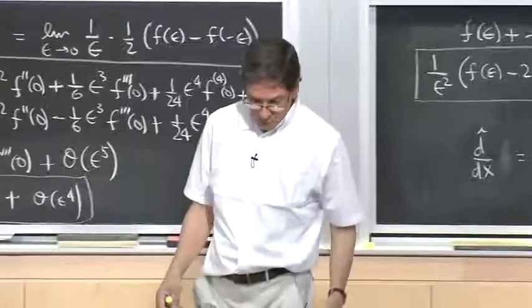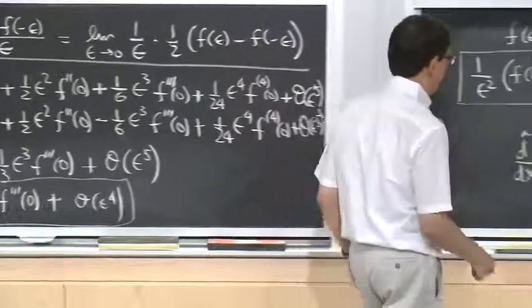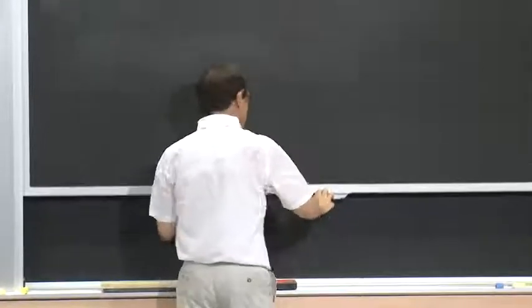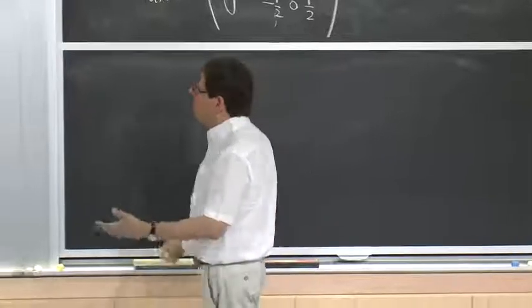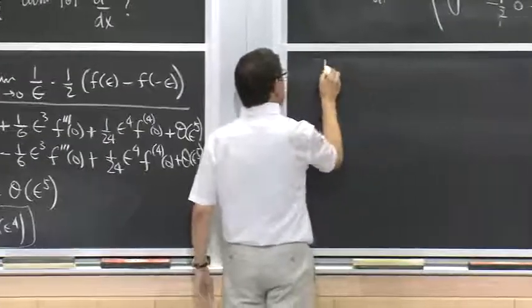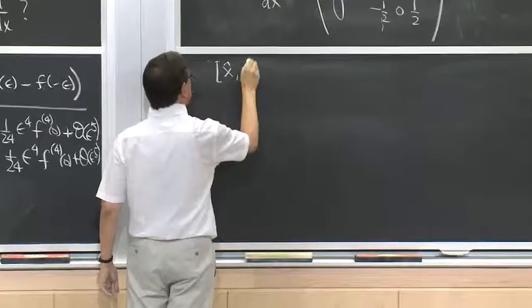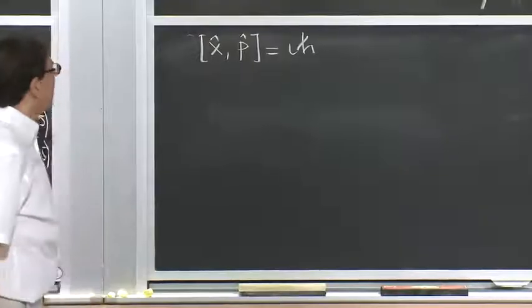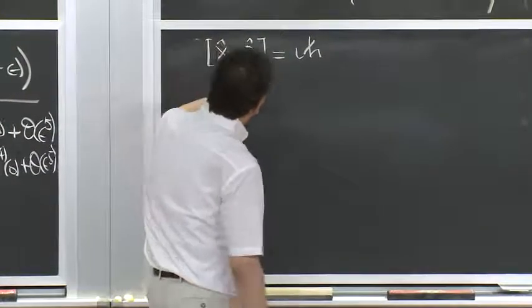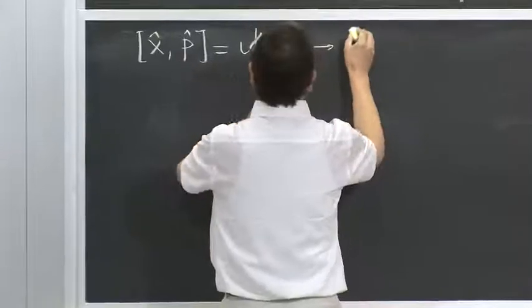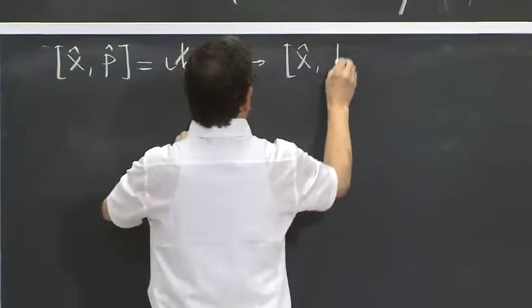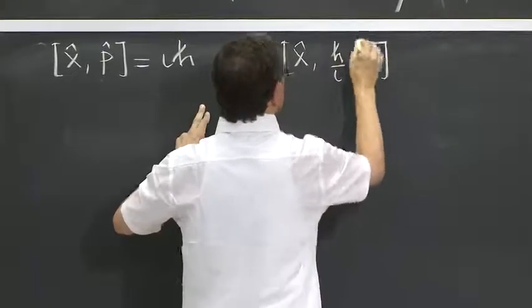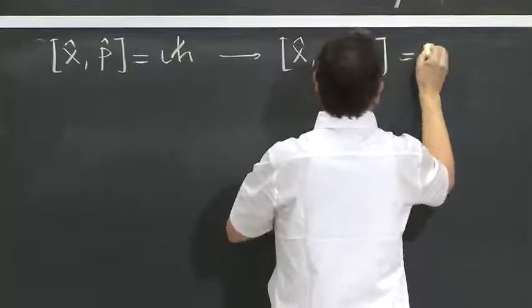So now we have to do the real test. The answer is a little funny. So what is the real test? Well, you know that the XP commutator is supposed to be equal to i h bar. So this is the same as saying that the commutator of x with h bar over i d/dx should be equal to i h bar.